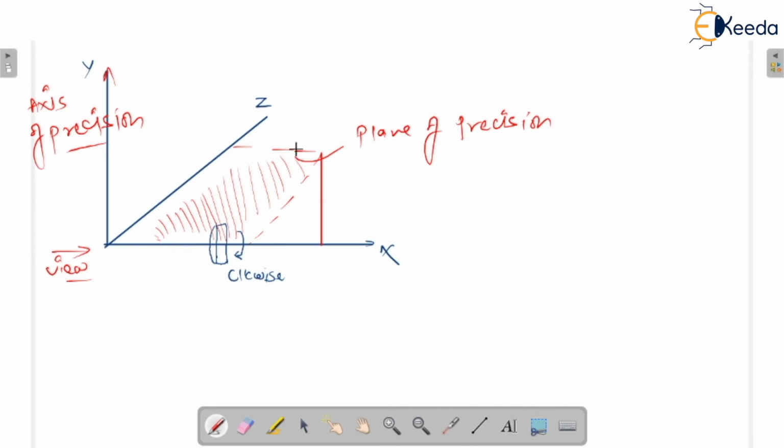Plane of precession, you can see here xz is the plane of precession, and it is going to be rotated about here like that.